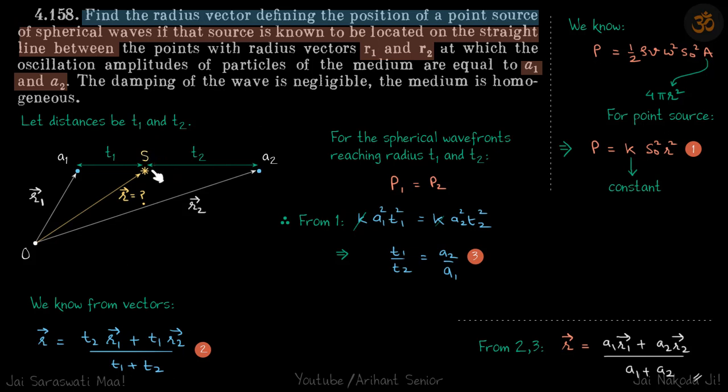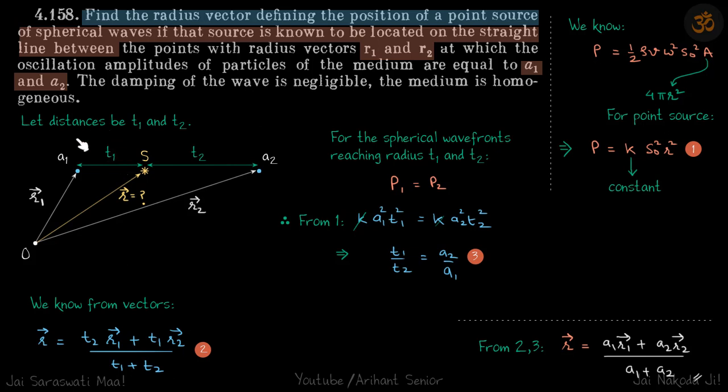So let's say our source is here, so at a distance t1 from this point and at a distance t2 from this point. Now you just need to imagine that wave is emanating from this source. So if the spherical wavefront reaches this point, the radius of the spherical wavefront will be t1.